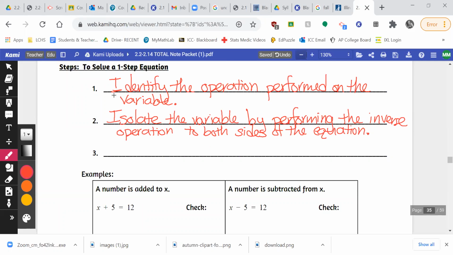The last step is to state the solution and check if it is reasonable.